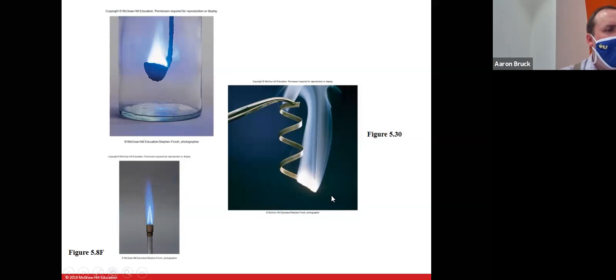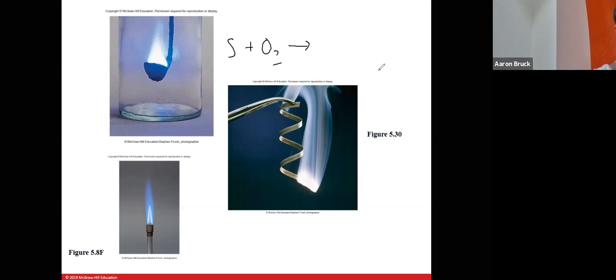So in these three pictures, we have examples of, well, all of these. In the first photo here, we have what looks to be quite possibly, most likely, sulfur reacting in oxygen, giving us this blue flame to give us a sulfur oxide product, sulfur dioxide.